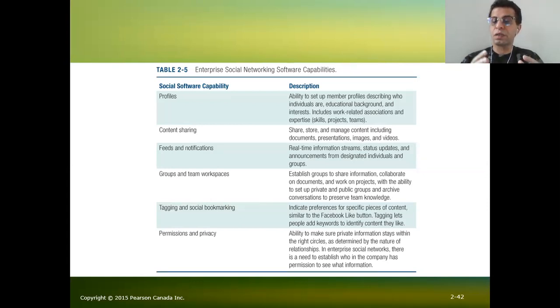We have group and teamwork spaces, tagging, and social bookmarking. When you click like on something, for example on Facebook, it shows what you like to others, or if you republish something, it goes to others also. All this information should be set up with guidelines, permissions, and privacy.